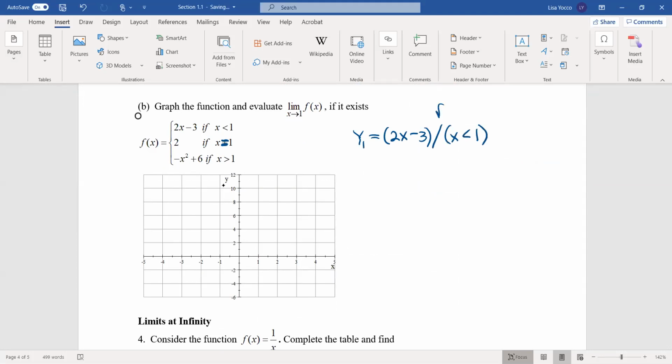And remember this slash, that's the division key. And the inequality symbols, these are located under the test menu, which is second math. Second math. All right.